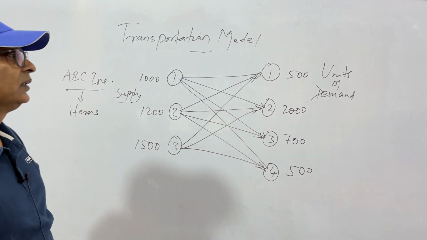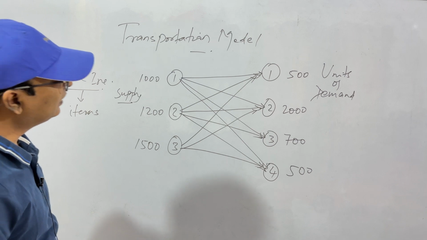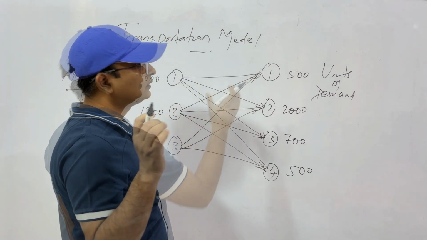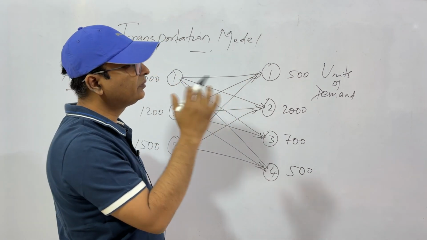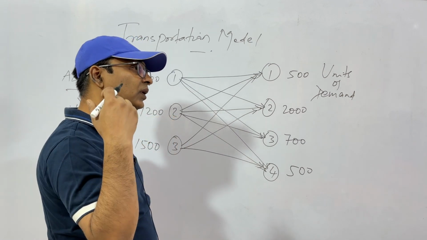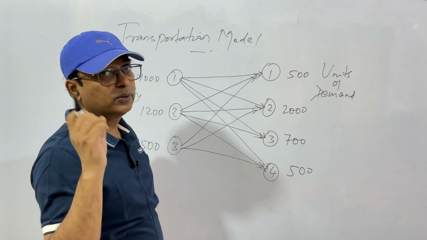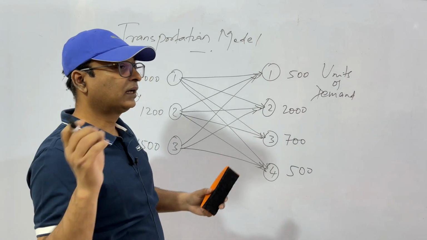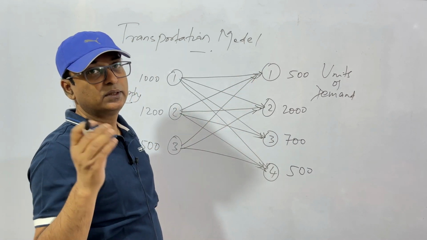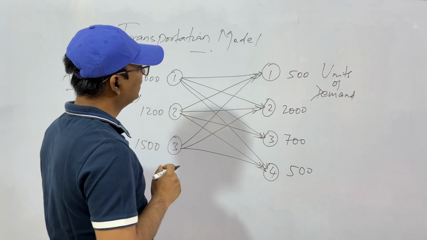Okay, so this is the type of network that can be understood. Now transporting items, certain cost is always associated with transportation. Let's say you are at Delhi and you have to transport certain item to Mumbai. Obviously that cost would be associated. A car has to be sent to Mumbai, it will take 20,000, 30,000 for a truck to load and unload.